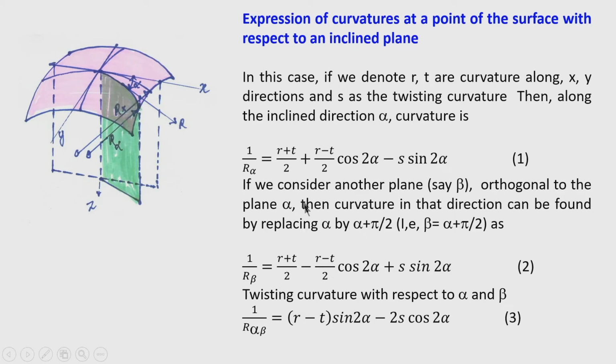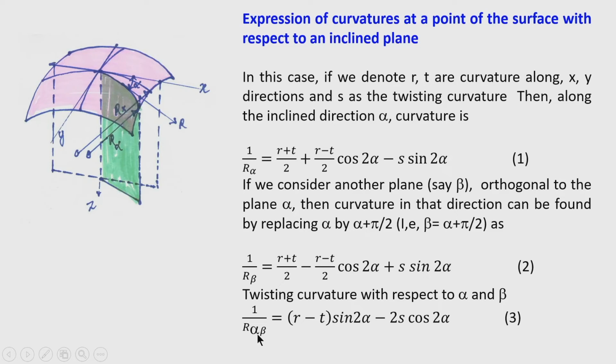So, knowing the value of this curvature along any arbitrary direction alpha and a direction normal to the previous direction alpha, that is a new direction beta, we can find the direction of principal curvatures, and here of course, r alpha beta is the twisting curvature.